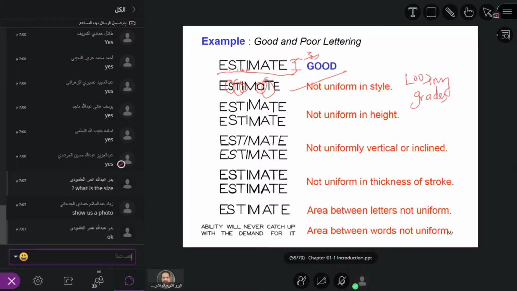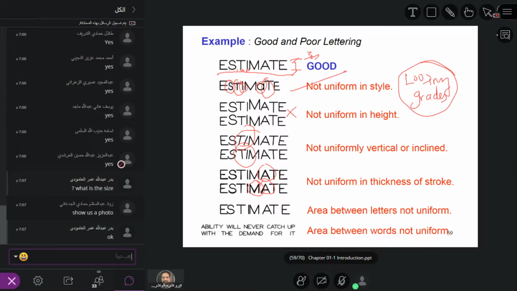So be careful. This is also non-uniform, wrong. See, there is an inverted I. T is not only inverted; it is badly written. And here also the thickness. You see the thickness is not uniform. So you should take care of all these issues whenever you write.